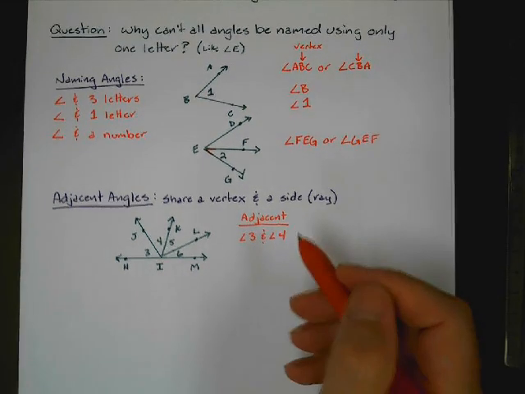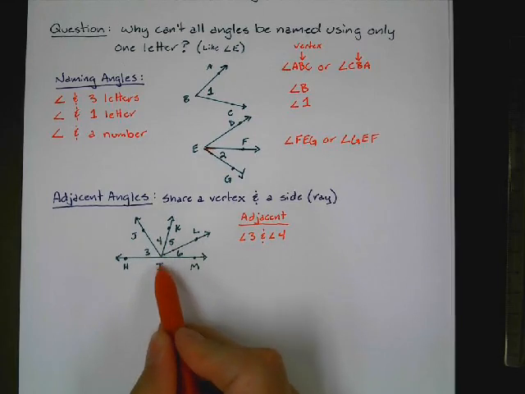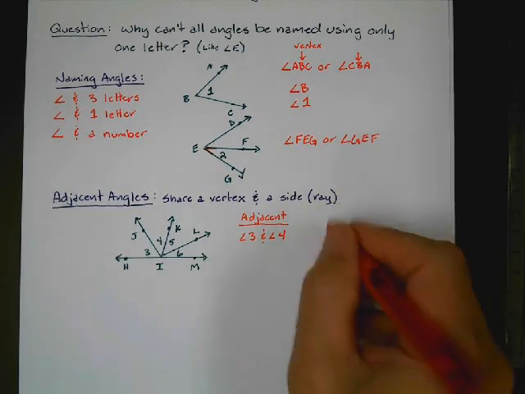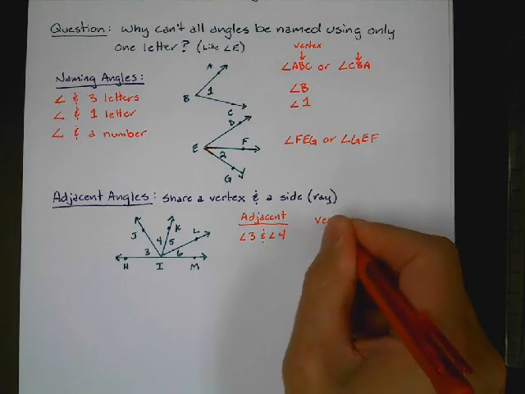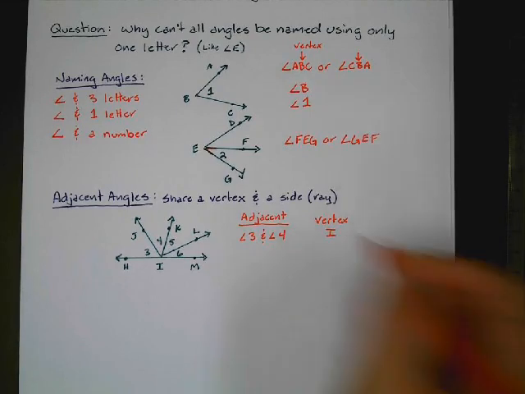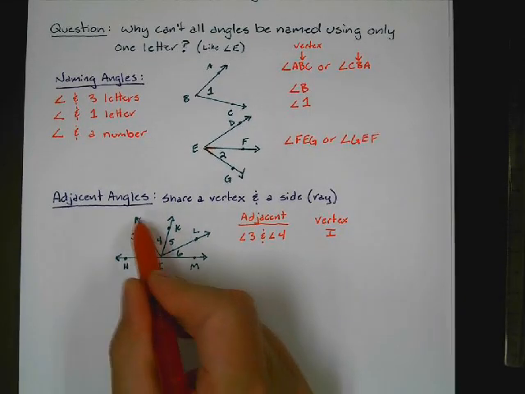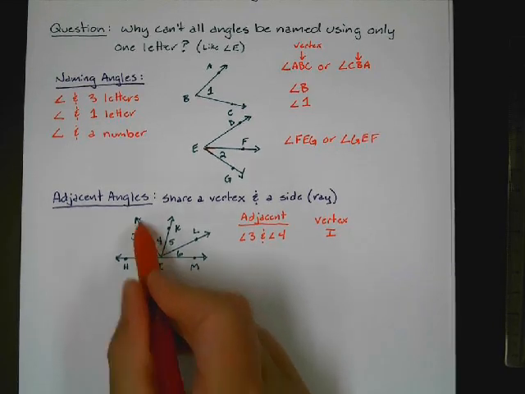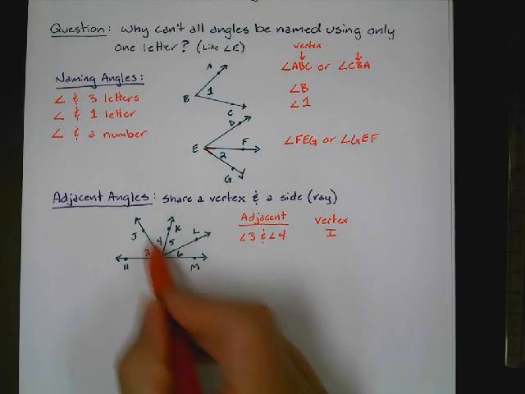Now, why are they adjacent? Well, both of these angles have I as a vertex. So they have the same vertex of I. And then these 2 angles share this ray right here, ray IJ. Angle 3 has that ray in it, and angle 4 has that ray in it.